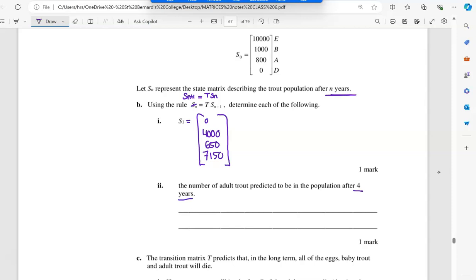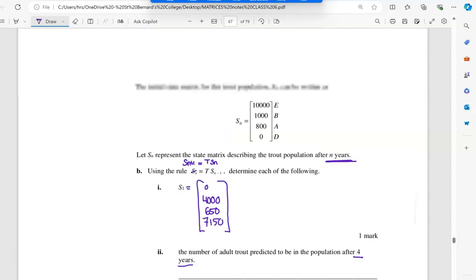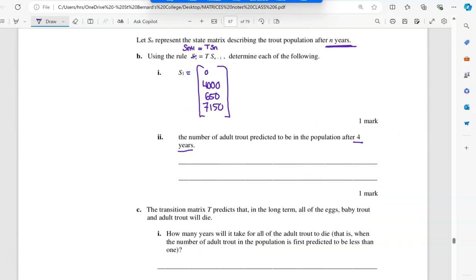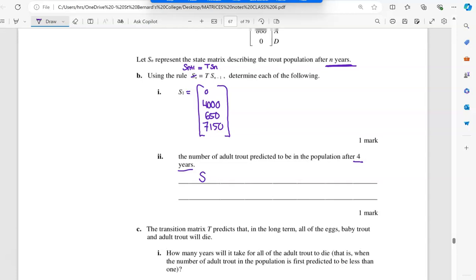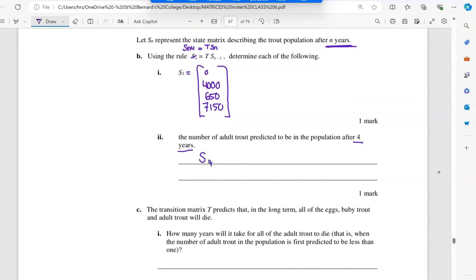So remember, this up here is a year-to-year transition. So we can use the power trick here because there's no extra one. So if we want to find S4, we will just do the transition times, I'm going to say 3 because we've been given S1.